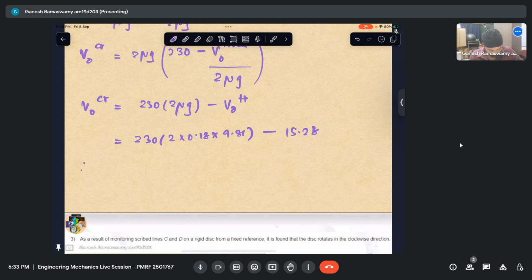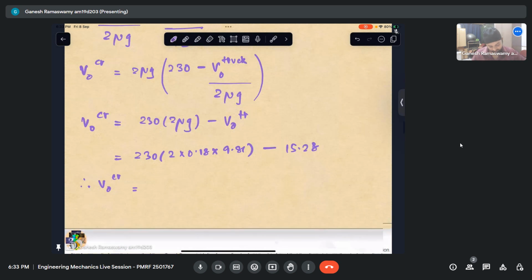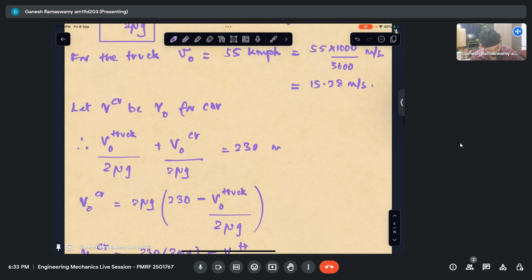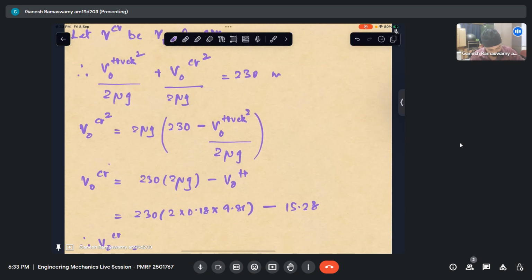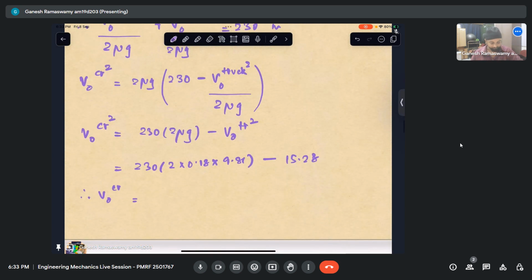So therefore v naught for the car is nothing but 230 into 2. Oh, I'm sorry, I forgot the squared. So this should be squared. This is also squared. Yeah. So this is 230 into 2 into 0.18 into 9.81 minus 15.28 squared, and under root of that.